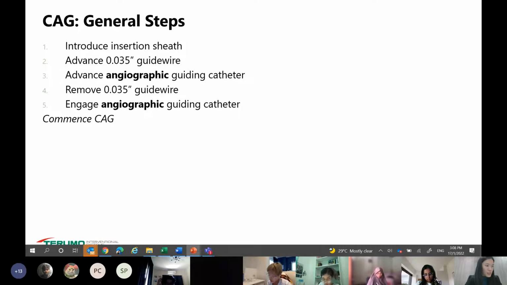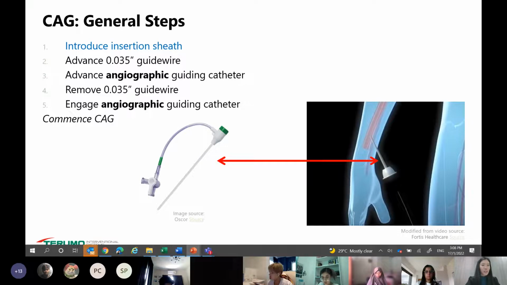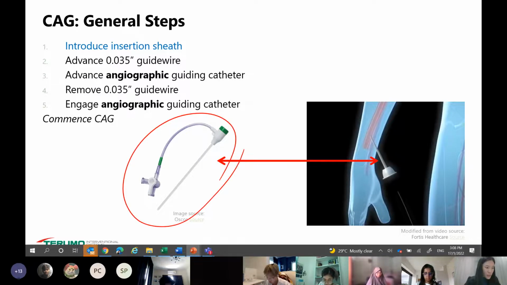Okay, so basically these are the steps from insertion sheath to the commencement of your CAG. So this is very general. I'll zoom in a bit more. So insertion sheath, basically just now you saw this, and this is how an insertion sheath looks like. It's a short hollow tube.